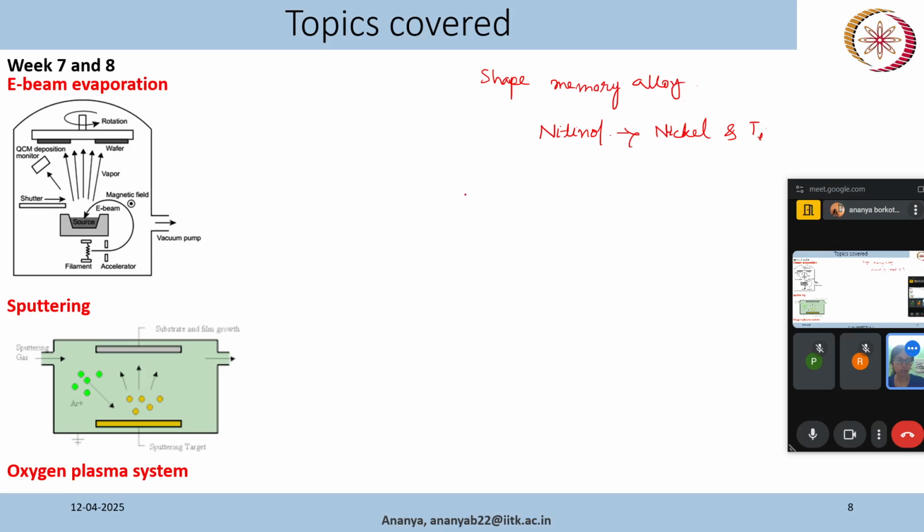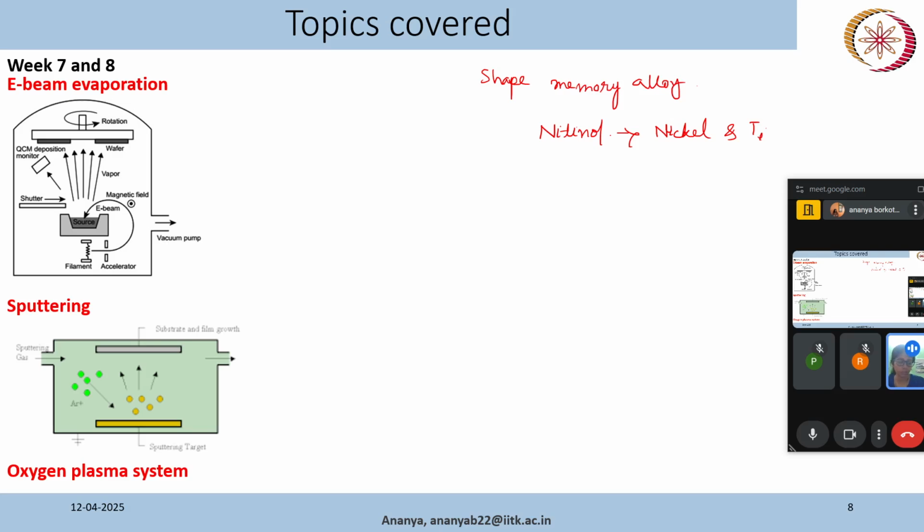Nitinol will have some shape, and whatever its shape at higher temperature, it remembers that. Basically it has two phases.